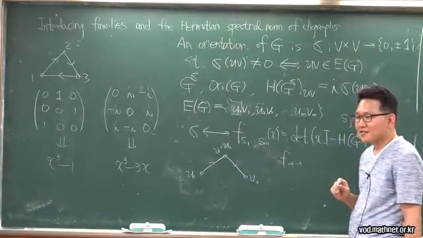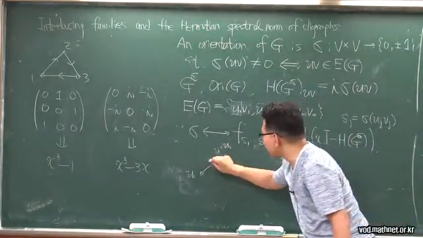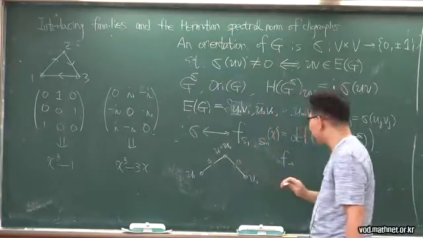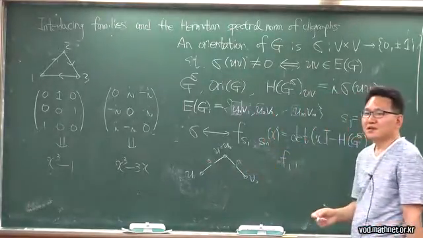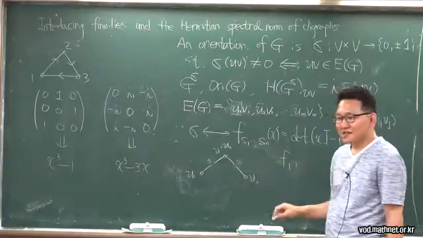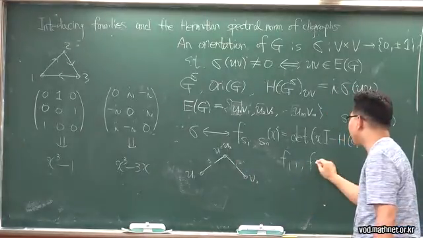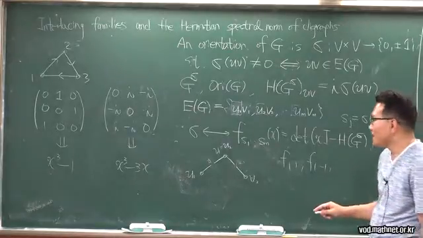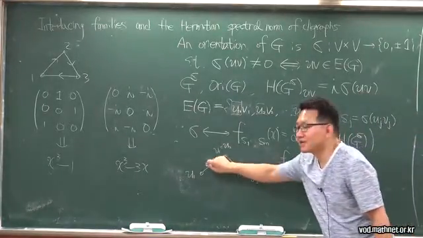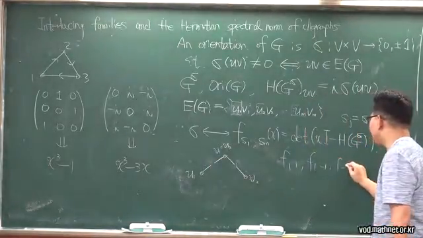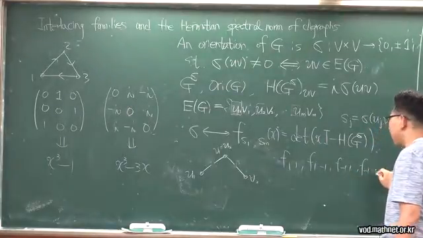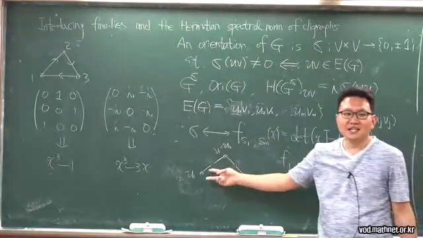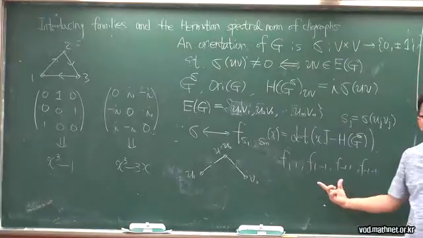So we give a 1, 1. But we can give a minus 1 here, then we have 1, minus 1. And then minus 1, 1, and minus 1, minus 1. So if there are two edges, then we can have 4 polynomials.